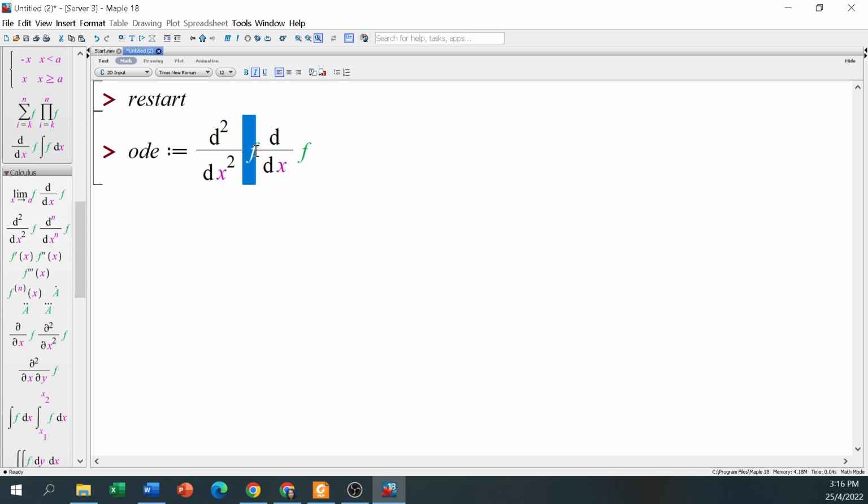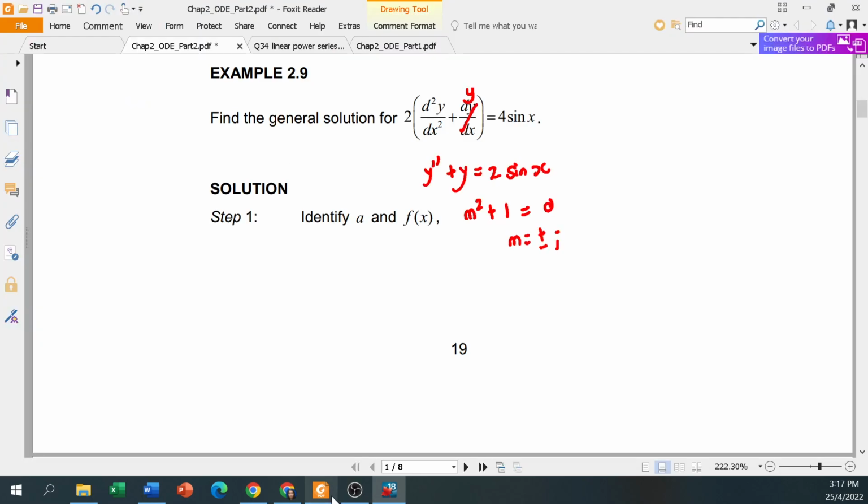Change f to y(x). This is y double prime, which is d2y/dx2.